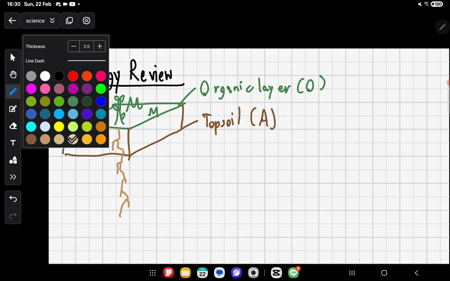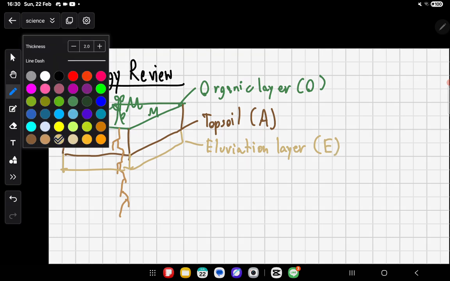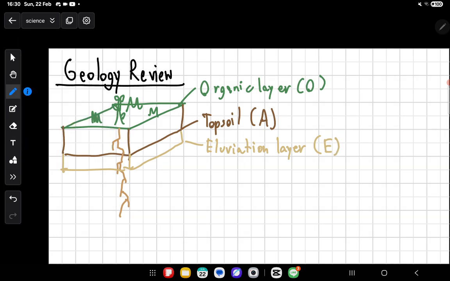So let's dive right into what the third layer is. The third layer we refer to as the alluviation layer, or otherwise, we call it the E horizon for short. Now B, what's B?